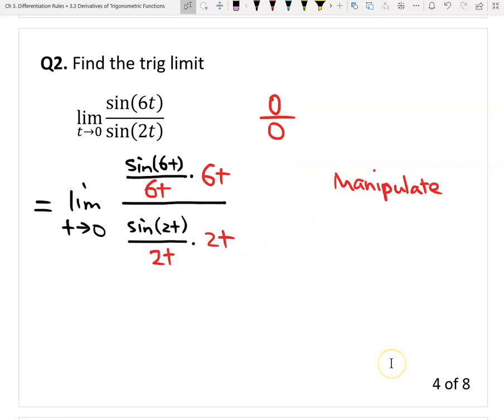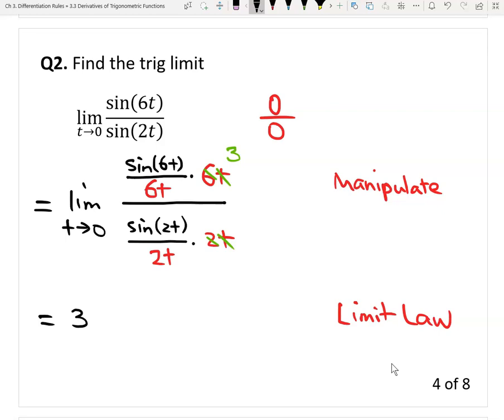And now, what do we do? Easy. We're going to cancel something. We cancel this t, this t, this 2, this 2. We have 3 left, and the 3 is a constant number, so with the constant multiplier law we plug it out.